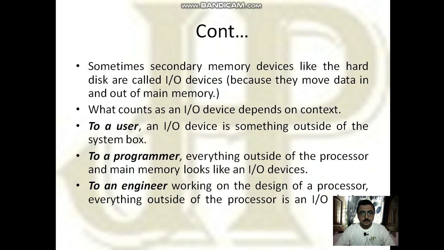For a programmer, everything outside of the processor and main memory looks like an I/O device. While for an engineer working on the design of a processor, everything outside of the processor is an I/O device. Here we will see the perception of a layman user.